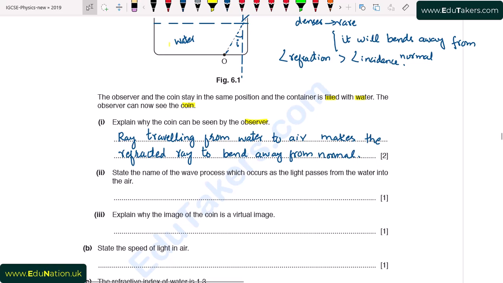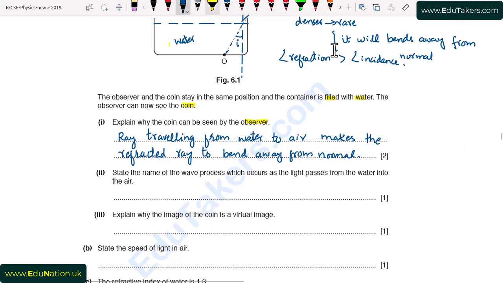When it bent away from the normal, then the angle of refraction will be larger as compared to angle of incidence. So the refracted ray is closer to the vision of person when we fill the water. That's why the observer is able to see the coin.